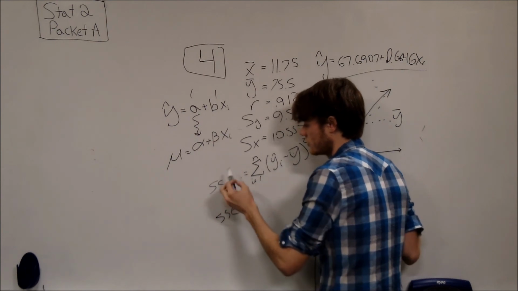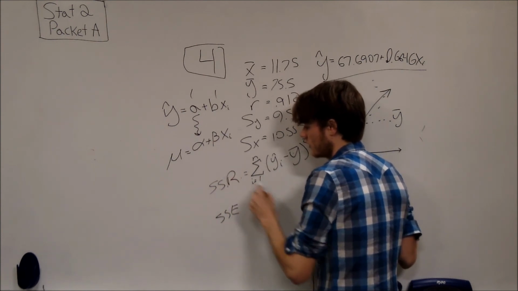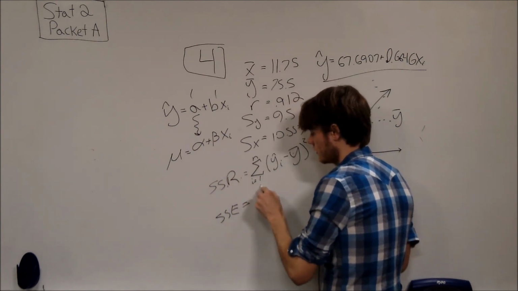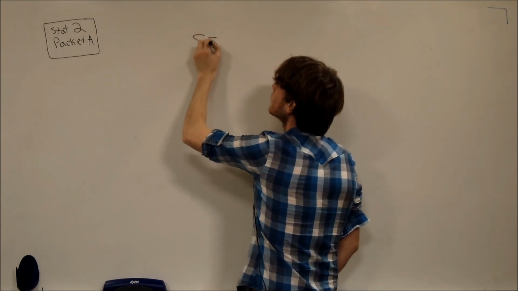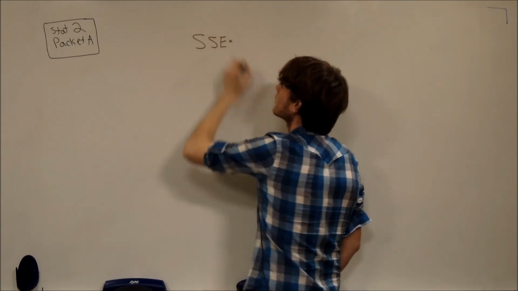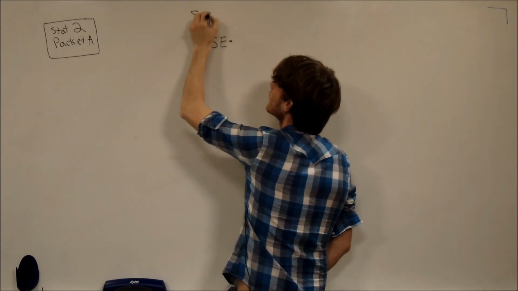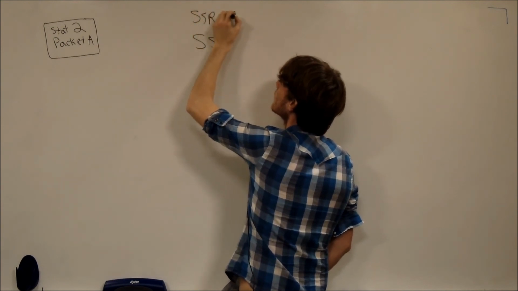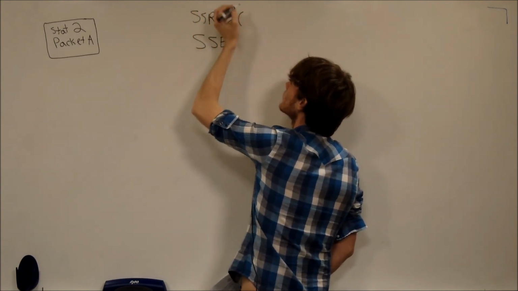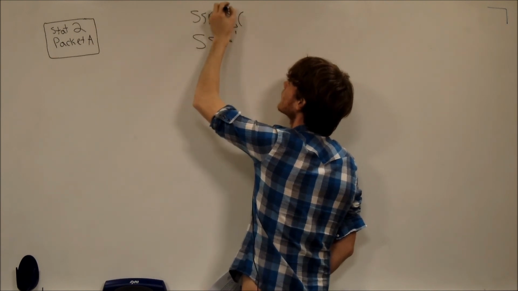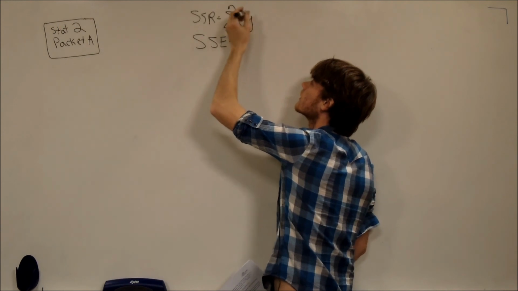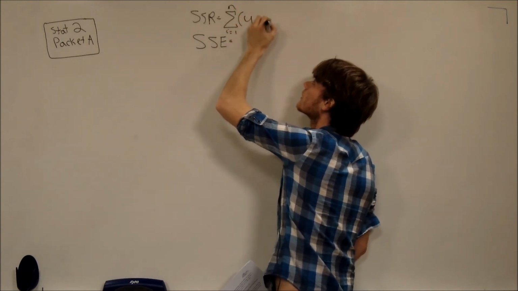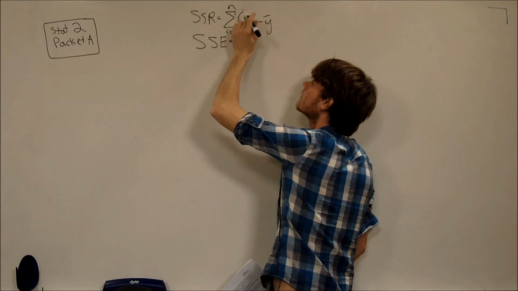This is SSR. As we were explaining before, we were explaining SSE and SSR. So we had before that this was the sum from i equals 1 to n of y minus y bar.